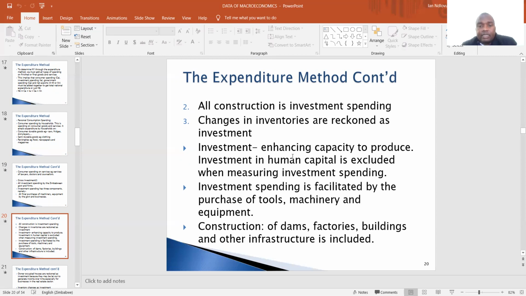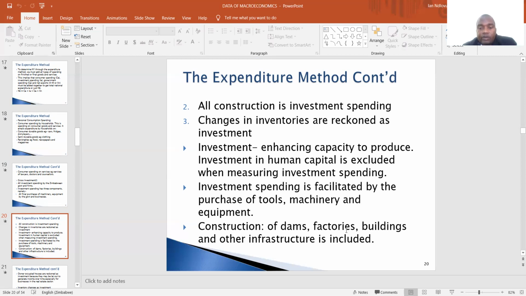Investment means enhancing the capacity to produce. Investment in human capital is excluded when measuring investment expenditure. Investment spending is facilitated by the purchase of tools, machinery, and equipment. And also investment in paper assets is also excluded when measuring investment, because investment in paper assets may actually involve spending on already existing capital in an economy.